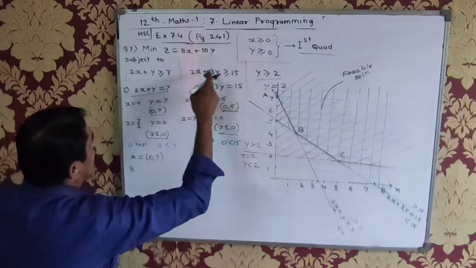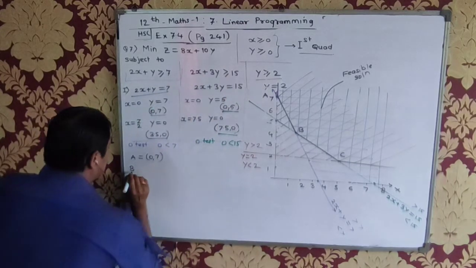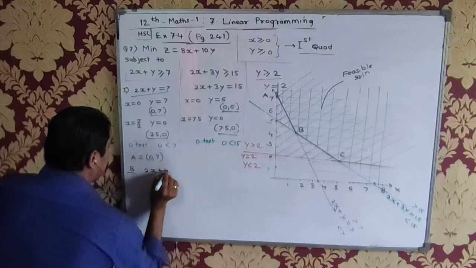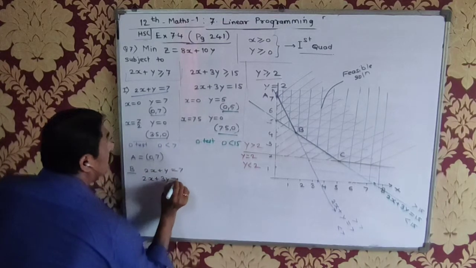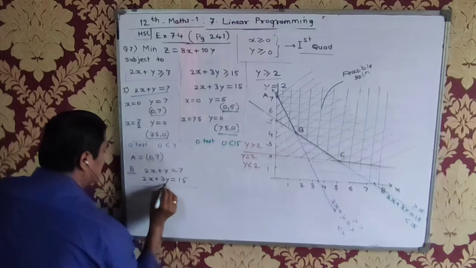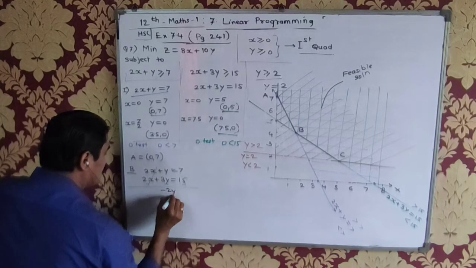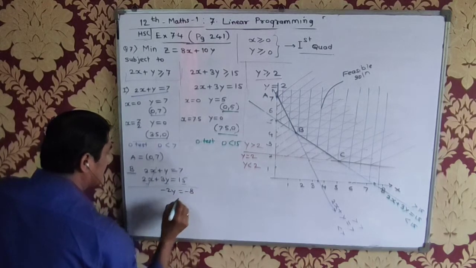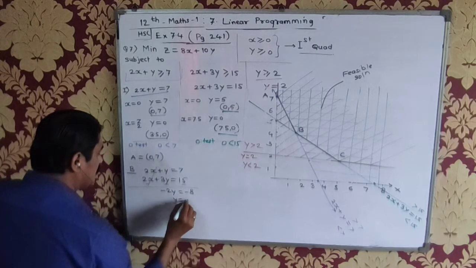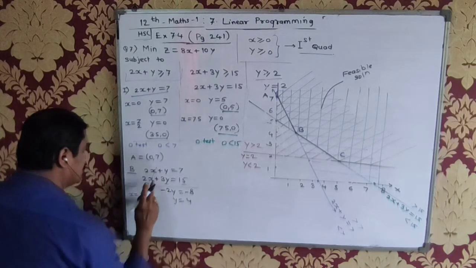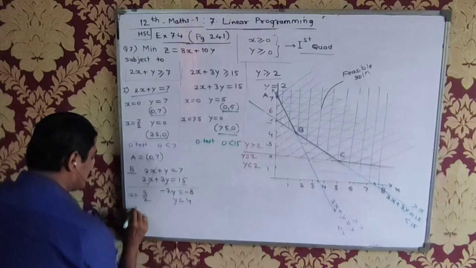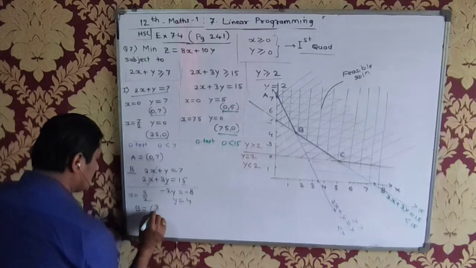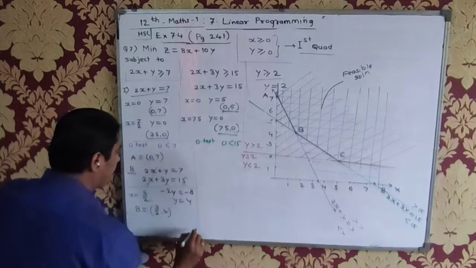So it is 2x plus y is equal to 7, 2x plus 3y is equal to 15. Subtract. Minus 2y is equal to minus 8. So y is equal to 4. x is equal to (7 minus 4)/2, 3 by 2. So B के coordinates हैं (3/2, 4).